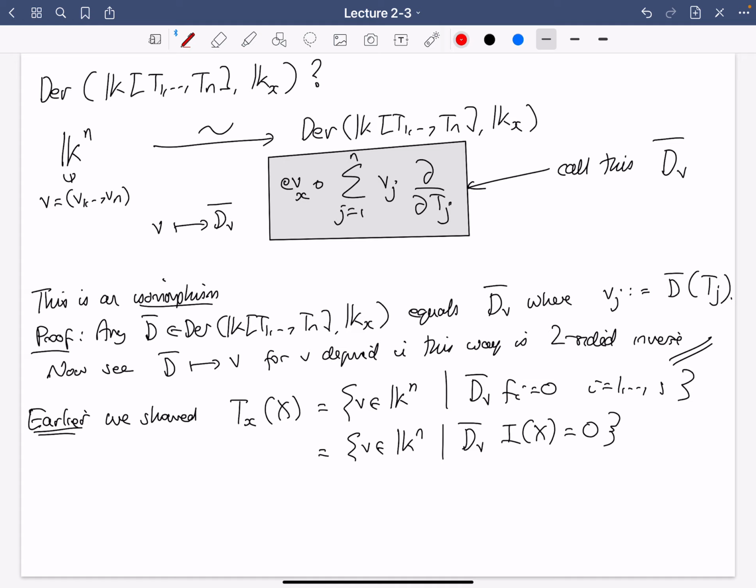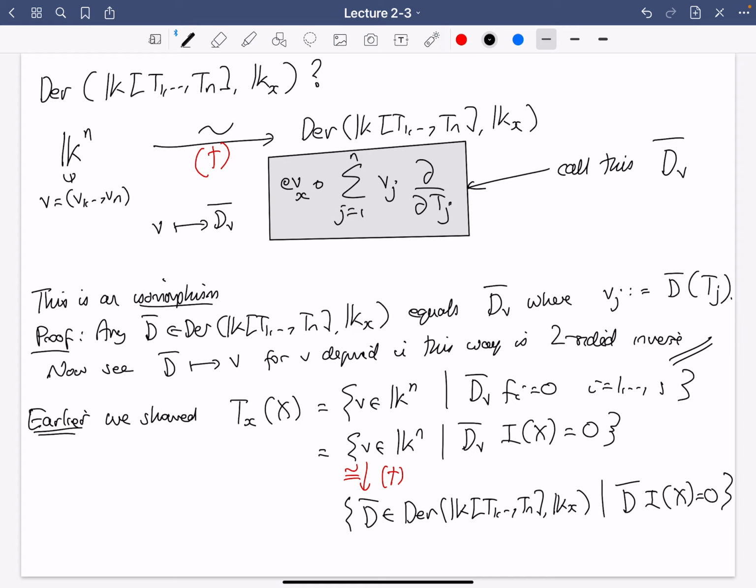Okay, so we had this isomorphism up there that was called dagger. So if I apply dagger to this, you see that an isomorphic copy of that vector space I can describe as follows: dagger sends the v's in Kn to point derivations at the point x, and then point derivations which kill I of x.